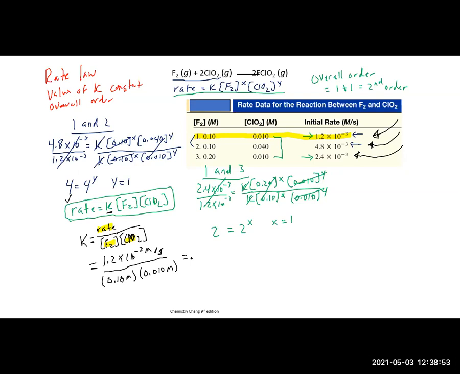Doing my good math there, 1.2 times 10 to the minus 3 divided by 0.1 divided by 0.01 gets us 1.2.